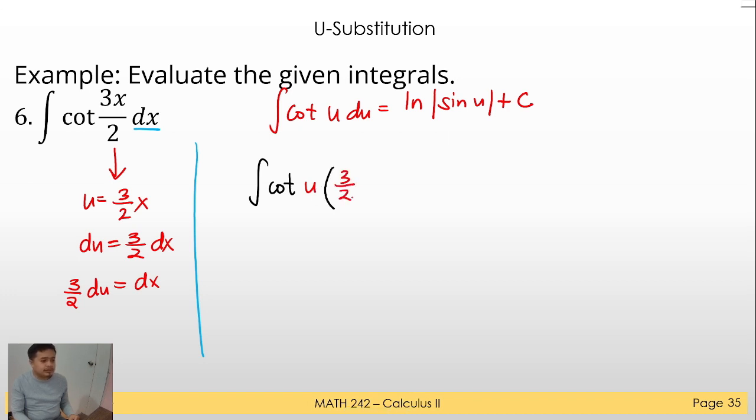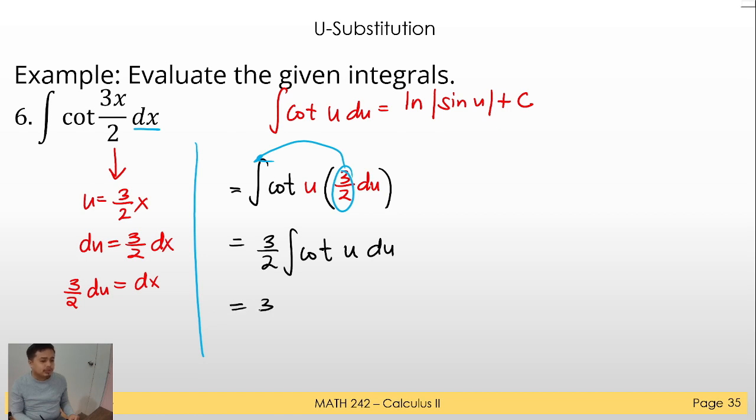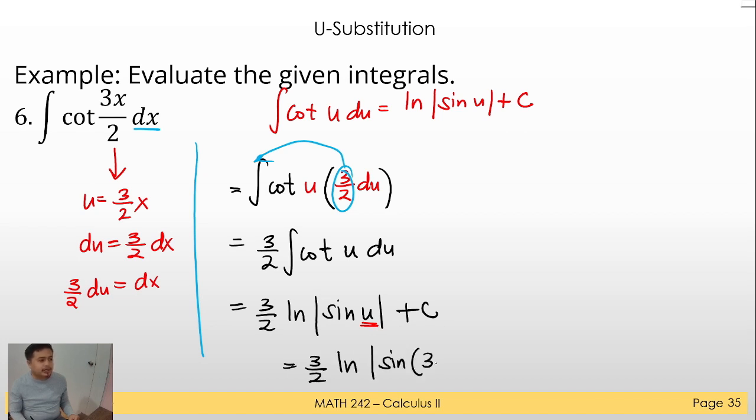So factor out this constant. We have the integral of cotangent u, which will be equal to ln of the absolute value of sine u plus c. And then don't forget to change the u. We have natural log of sine 3 halves x plus c.